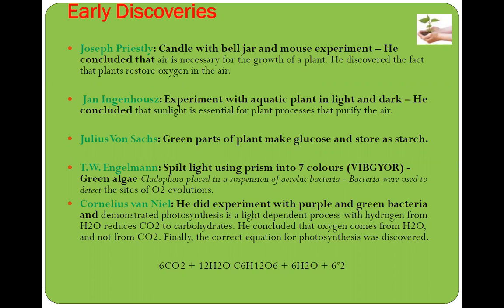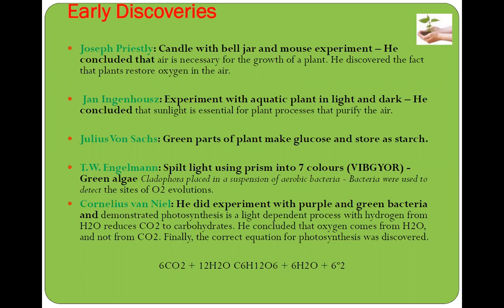So in a medium there is a presence of aerobic bacteria, and he also placed the green algae Cladophora inside it. These bacteria were used to detect the sites of O2 evolution. Now see, this green algae, upon the occurrence of photosynthesis, is going to release oxygen, right? As these bacteria are aerobic in nature, they need oxygen.